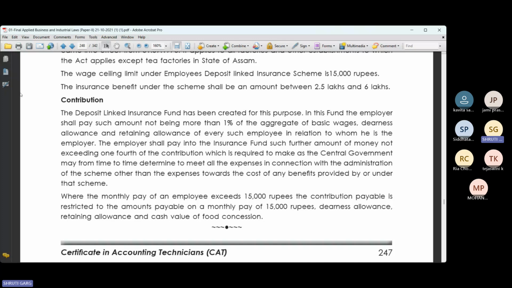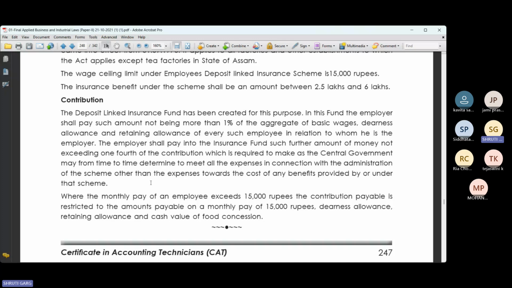And the employer shall pay into the insurance fund such further amount of money not exceeding one-fourth of the contribution, as the central government may from time to time determine, to meet all the expenses in connection with the administration of the scheme, other than the expenses towards the cost of any benefits provided by or under the scheme.